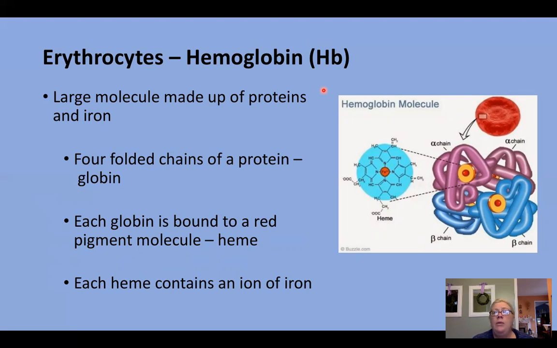If you remember back when we talked about protein structure, there was the primary structure, which was the sequence of amino acids, the secondary structure, which was either a zigzag kind of folding or a spiral folding, alpha helixes or beta sheets.